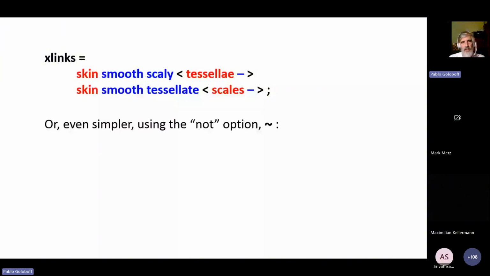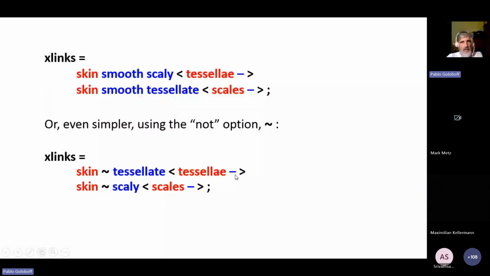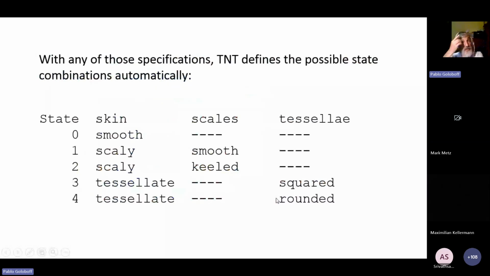Or even simpler, using the not option. So you say, when the skin is not tessellate, the tesselli are inapplicable. And when the skin is not scaly, the scales are inapplicable. With any of those specifications, TNT defines the possible state combinations automatically.